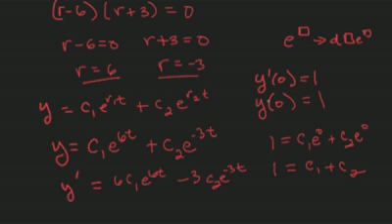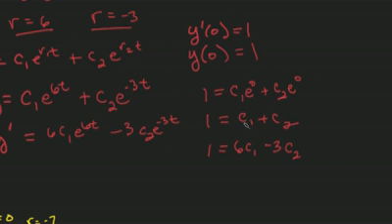Using the same conditions there, we would get 1 equals 6 c1, e to the 0 then becomes 1, plus, or actually minus 3 c2, e to the 0. Sorry, early in the morning, brain needs to wake up. And then you can solve the system of equations, either solve for c1 or c2. So c1, for instance, would be 1 minus c2.